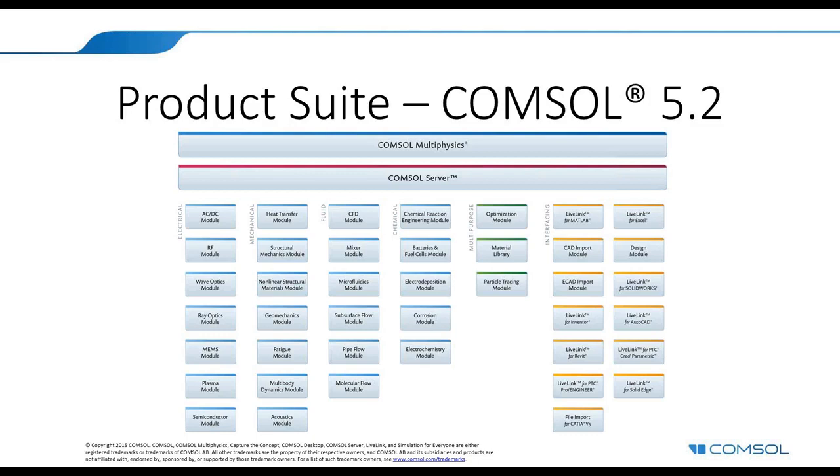But if you want to go far in one direction, for example, if you want advanced electromagnetic effects like floating potential, then you will need the AC/DC module. And in the app Yusuke has shown, we are using a port boundary condition, which is part of the AC/DC module.